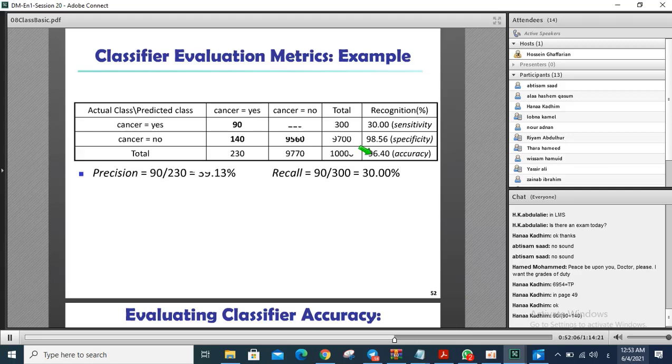But its precision and recall measures show that the algorithm is affected by the majority class.